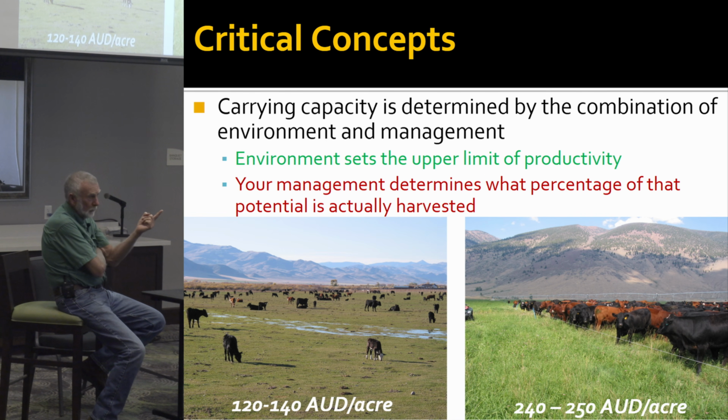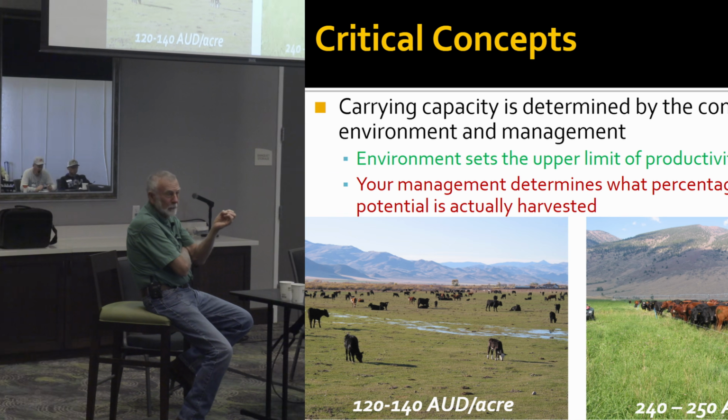Length of the growing season, temperature regime, and soil conditions are factors that affect what your carrying capacity is going to be. But by far and away, the overriding factor is simply how much water you get. So the upper limit potential is set by growing conditions.